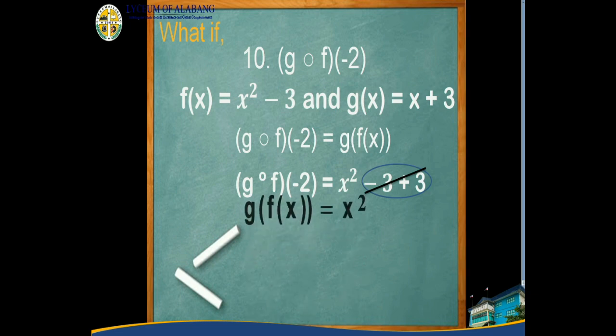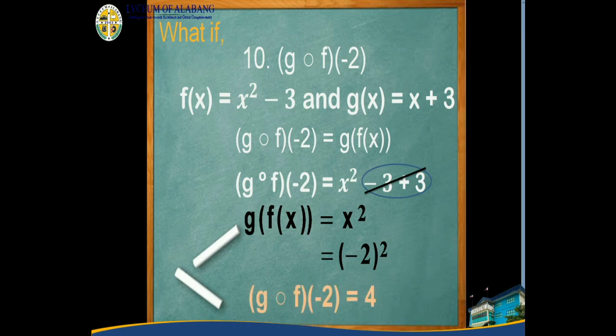So we have g of f of x is equal to x squared. After getting the composition of g of f of x, now substitute the value of x, which is negative 2. So we have negative 2 squared. Therefore, g composition of f of negative 2 is equal to positive 4.